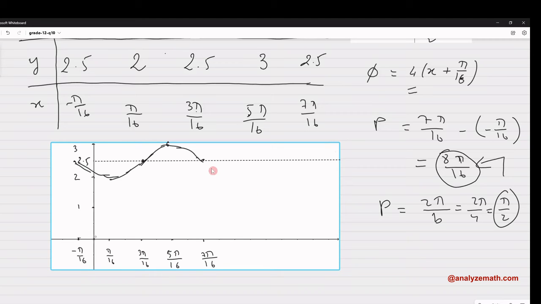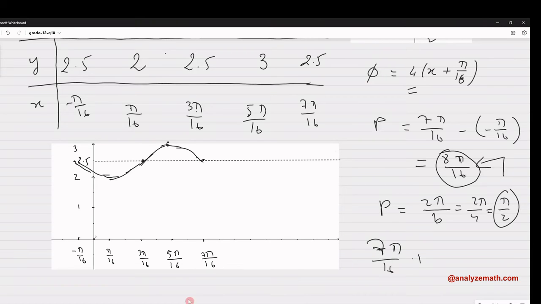Now the graph is to be extended to the second period. We need to add one period here: 7 pi over 16 plus one period. We found the period to be 8 pi over 16, and we take this one because it has the same denominator. That will give me 15 pi over 16.